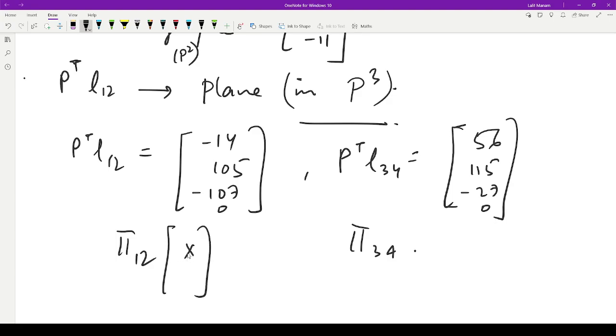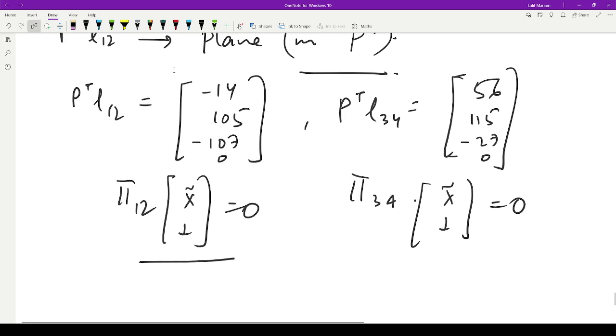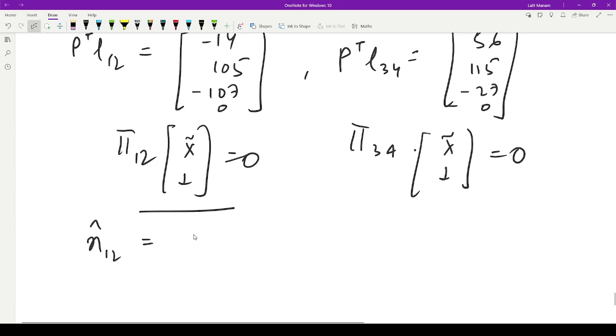So it should be like pi transpose x tilde equals 0. Any point satisfying this plane will be of this form, any point satisfying this plane will be of this form. So we are only interested in the normal part, which is what? Just 1 by the norm of this vector. That's 14, 105, minus 107.